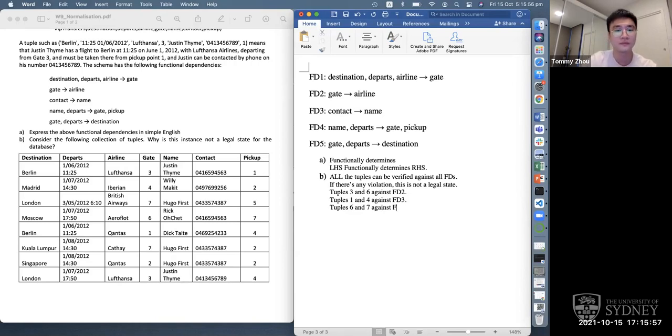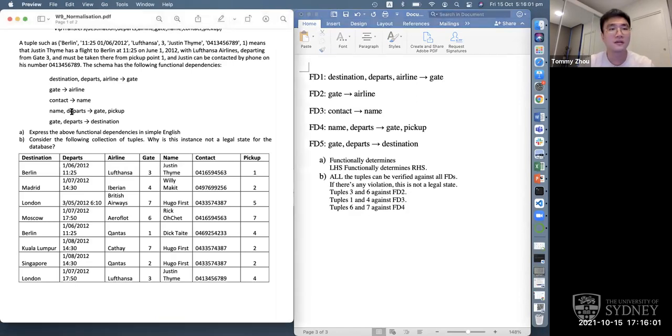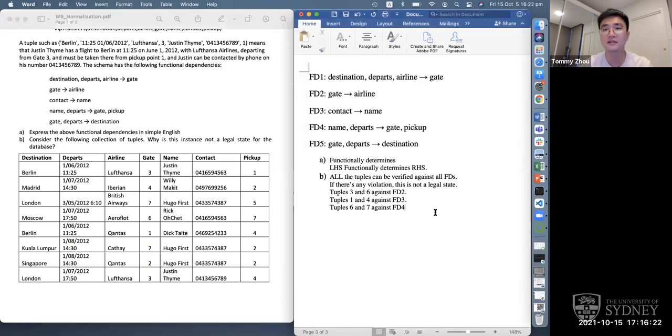FD4. So we have name and departs, which should determine the gate. So 5, 6, 6 and 7. We have departs exactly the same, and name is the same as well. And what gate do we have? We have 7 and 2 for gate. That means this is a violation again against FD4.